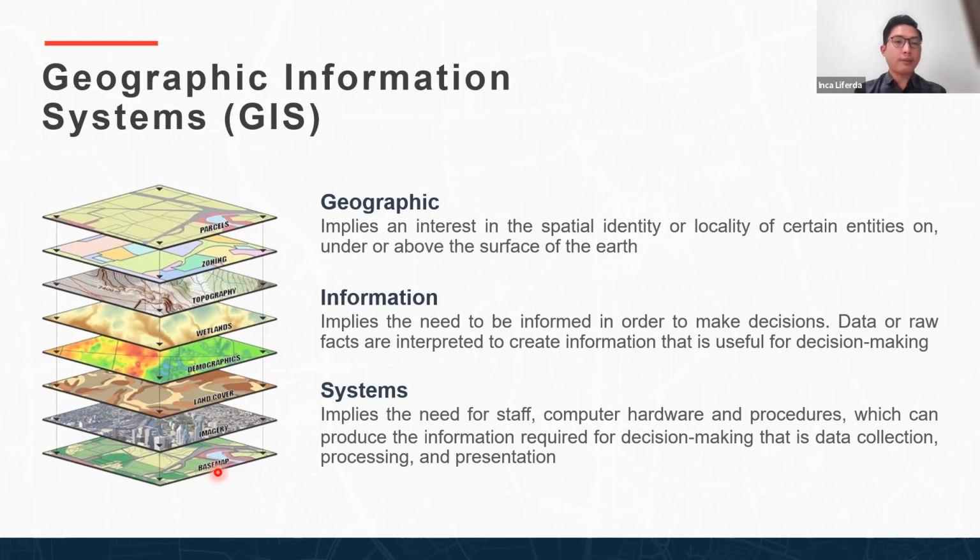So in the geographic information systems, we use the spatial data and make it a layer. For example, the base map imagery and some other layers we are going to combine, and then make it into one layer to be analyzed later.